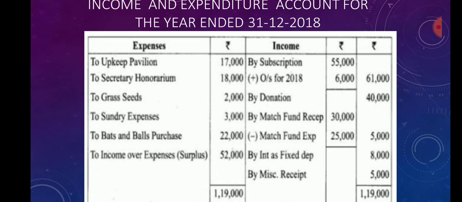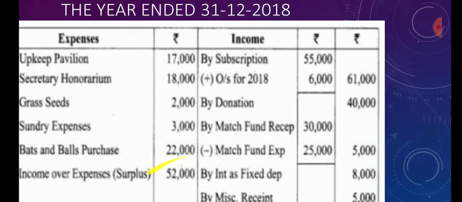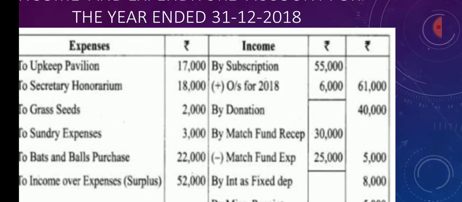So incomes are shown on the credit side and expenses are shown on the debit side. First we will come to expenditure side. To upkeep pavilion 17,000, to secretary honorarium 18,000, to grass seeds 2,000, to sundry expenses 3,000, to bats and balls purchase 22,000.